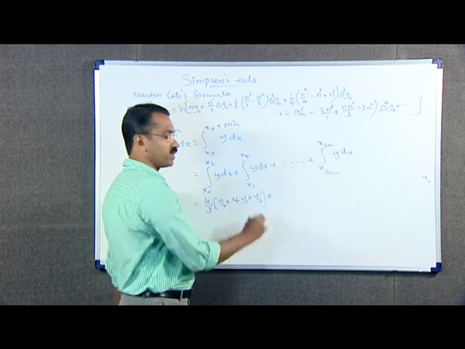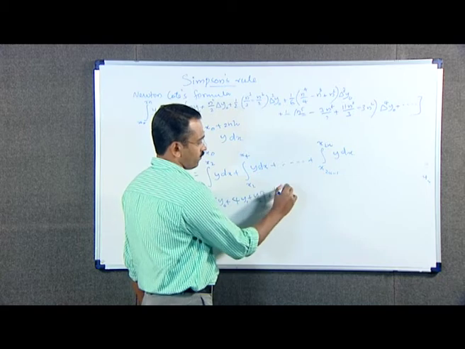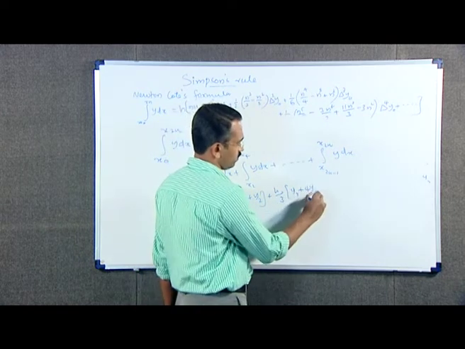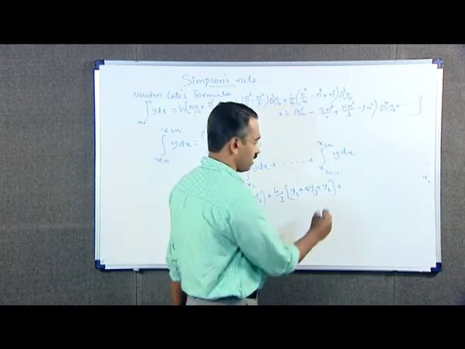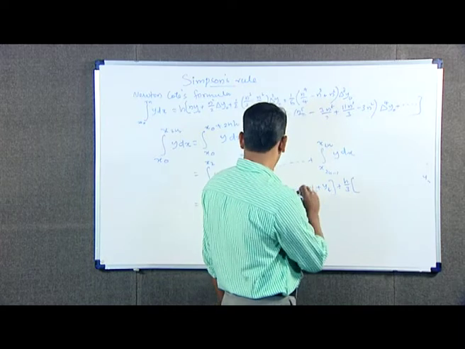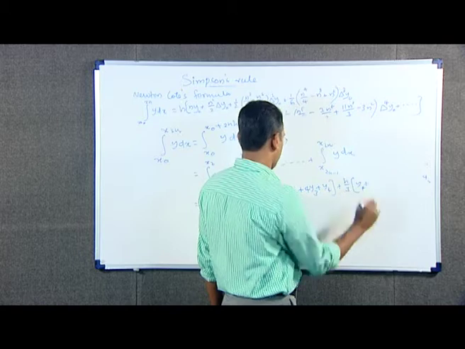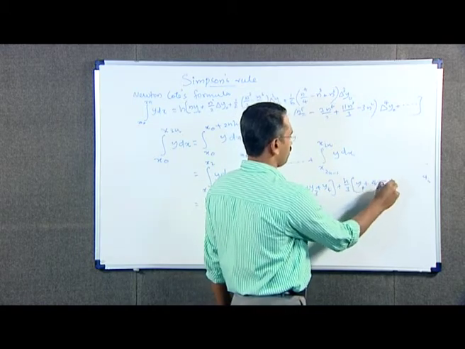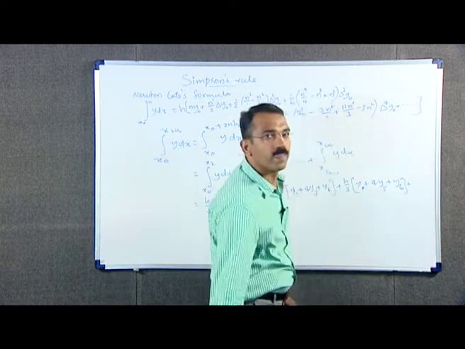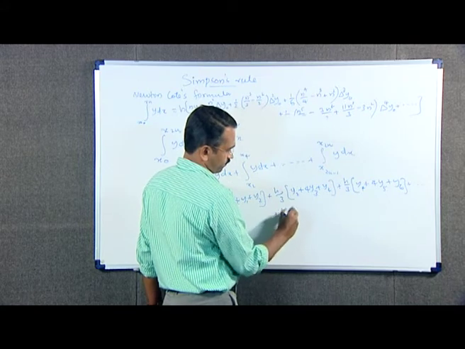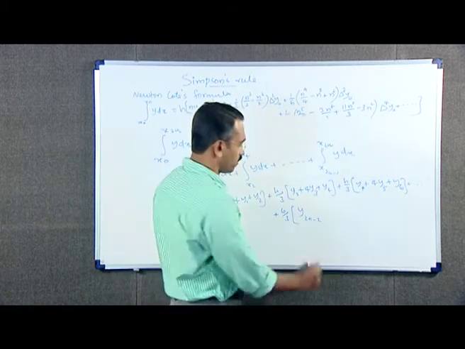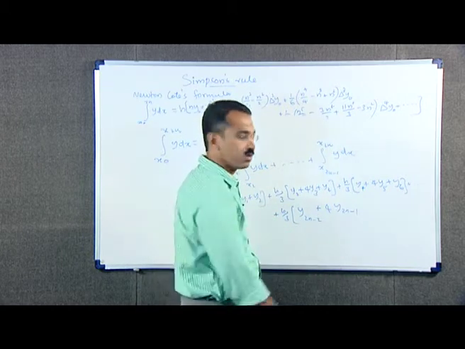Similarly, the value of this integral will become h by 3 into (y2 plus 4 y3 plus y4), plus the next integral is h by 3 into (y4 plus 4 y5 plus y6), plus etc., plus h by 3 into the last integral, (y2n minus 2 plus 4 times y2n minus 1 plus y2n).